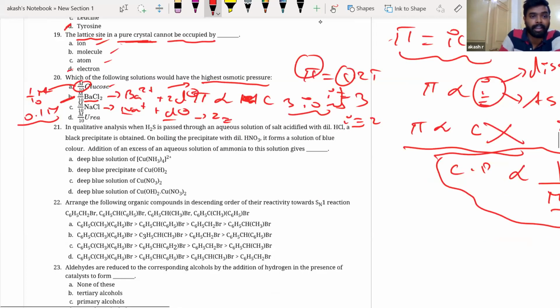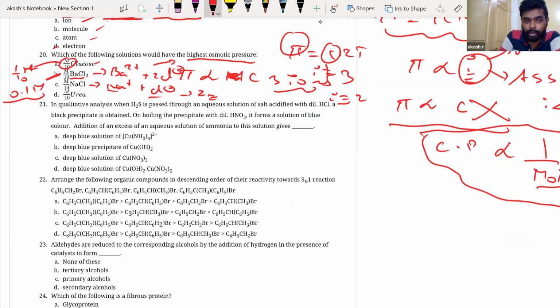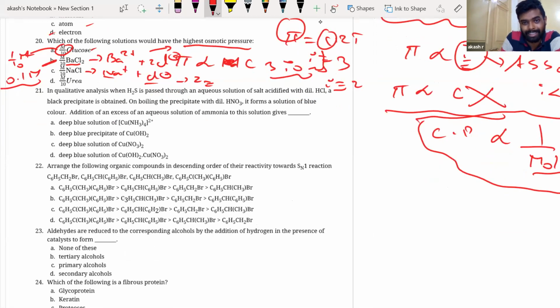Okay, fine. In a qualitative analysis, when H2S gas is passed through an aqueous solution of a salt acidified with dilute HCl, a black precipitate is obtained. On boiling the precipitate with HNO3, it forms a solution of blue color.